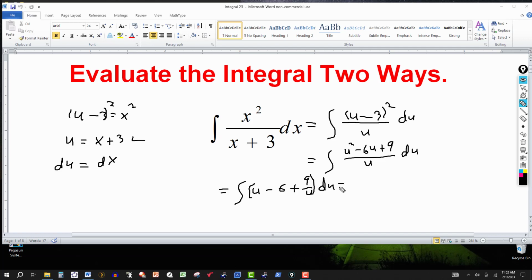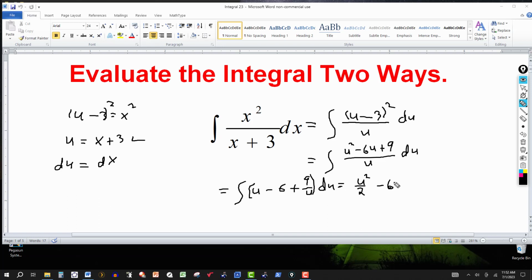And then we integrate term by term with respect to u. So for the integral of u, add 1 to the exponent, that would be u squared, divide by the value, get that, minus 6, integral of that with respect to u is minus 6u.